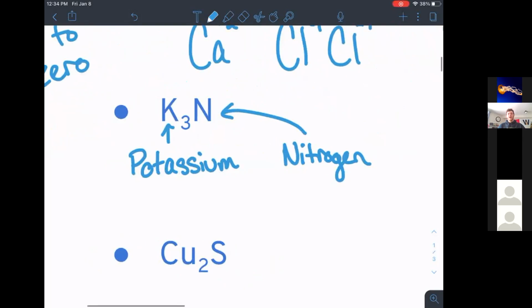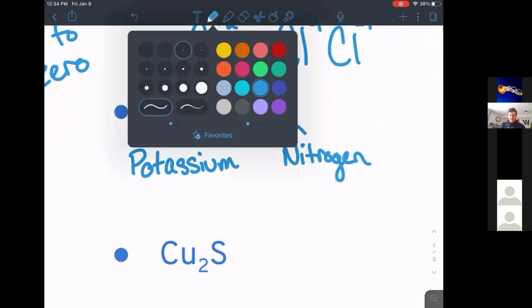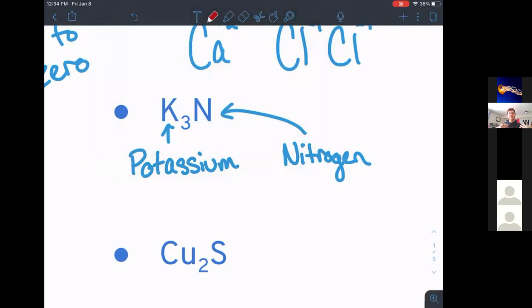All right. We have to do 2 more things when we're going from formula to name. The first one, which I think is a little bit easier, is to remember that we're always going to take the ending of our second element, that non-metal, from the periodic table, and change it to what 3 letters?